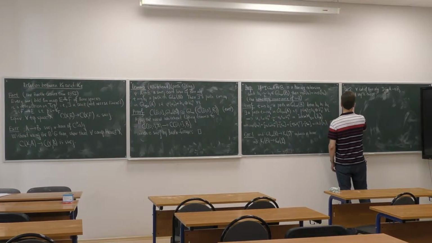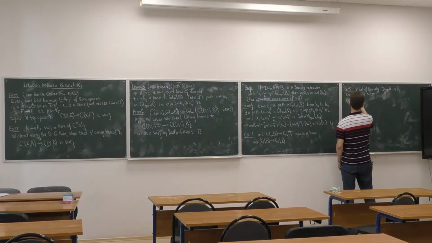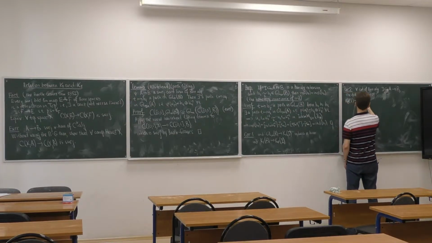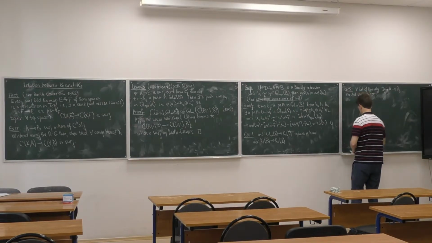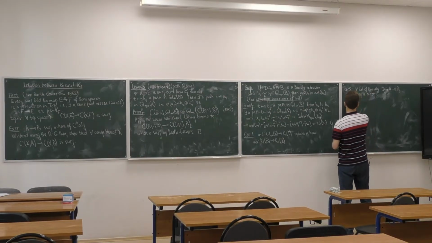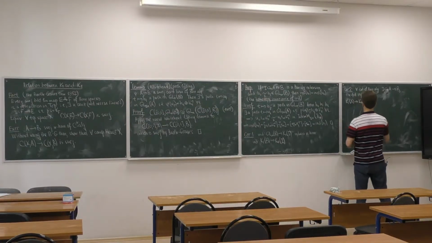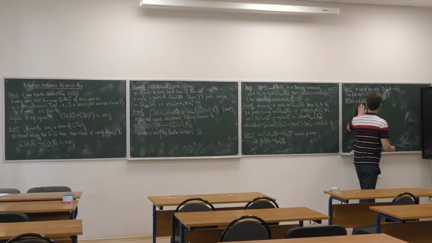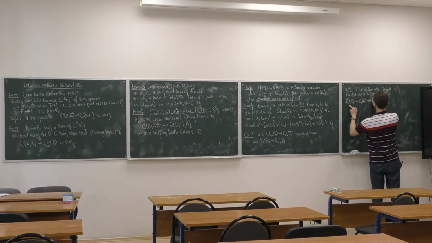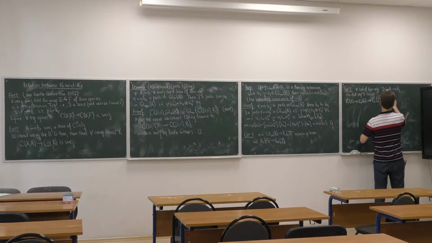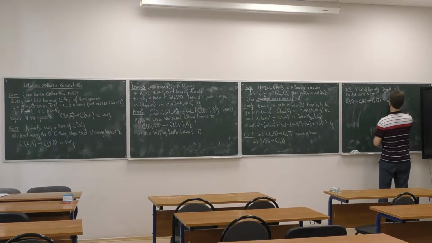K0 of... K1 of I, K1 of A. Oh, sorry, K1 of I. We still don't know about K1 of I. So at this point, I can only say that the sequence which starts with K1 of A is exact. K0 of A and K0 of B.